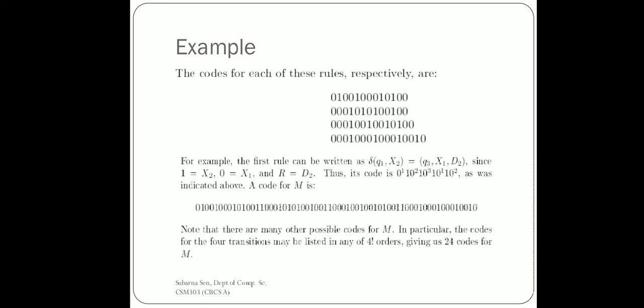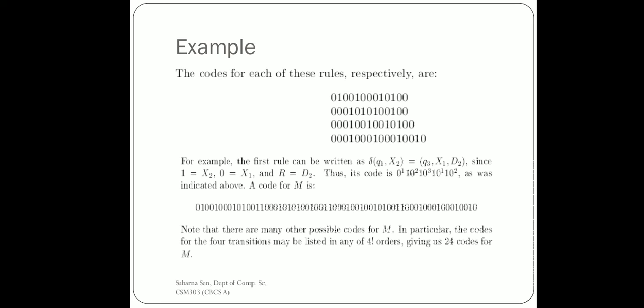Now try on your own. If you follow the second transition, whatever is given there, you will find the second code. For the third it is like the third, and the fourth is the fourth here. Now we have to combine all four codes.